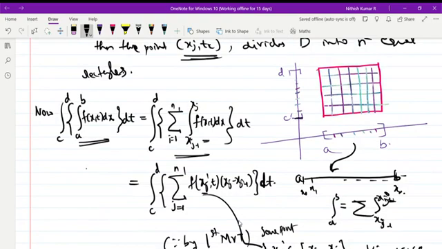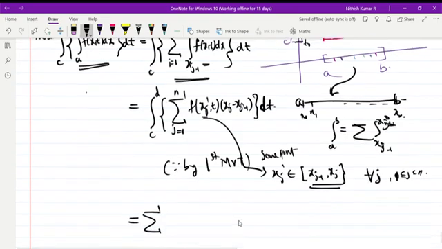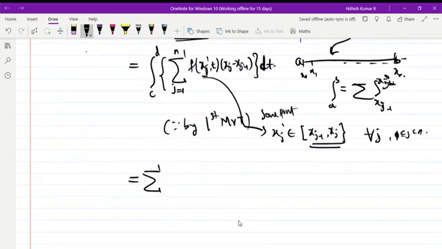Now we divided this c to d into n subintervals, say t0, t1, t2, up to tn, that is tk.